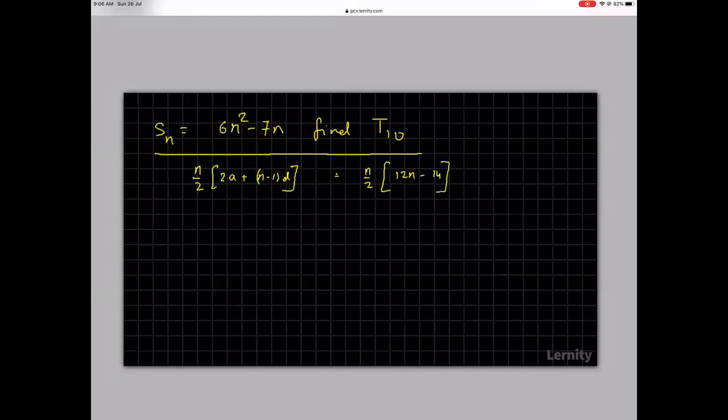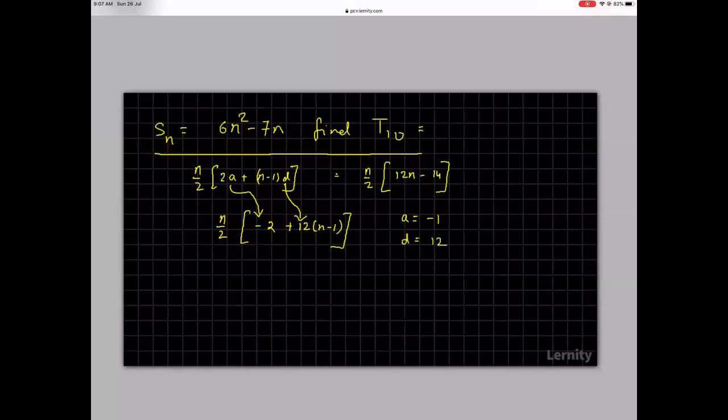So it will become n by 2 into minus 2 plus 12 times n minus 1. If I compare, 2a is equal to this much, d is equal to this much. So a, the first term, is equal to minus 1 and the common difference is equal to 12.